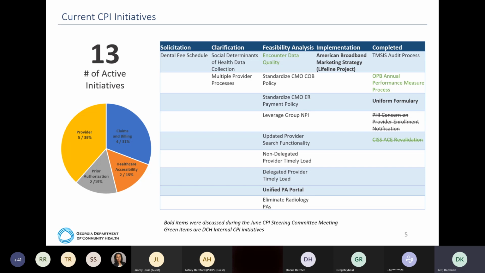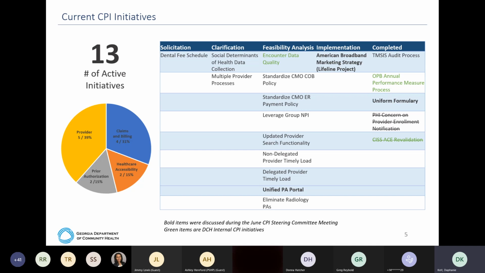And so through that process, again, we've been able to collect that information from the stakeholders, and we'll be having more discussion internally as well as with the CMOs to better understand how we can move forward with that particular item. But again, it's moved to complete because the actual initiative was to establish the process. And so we've established that process.